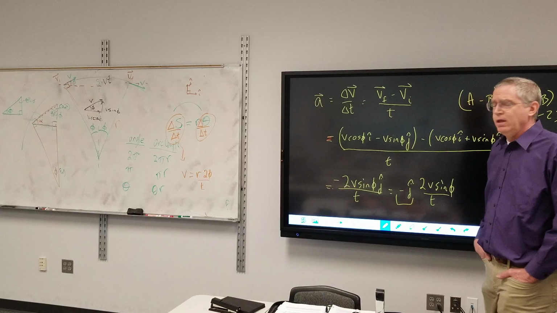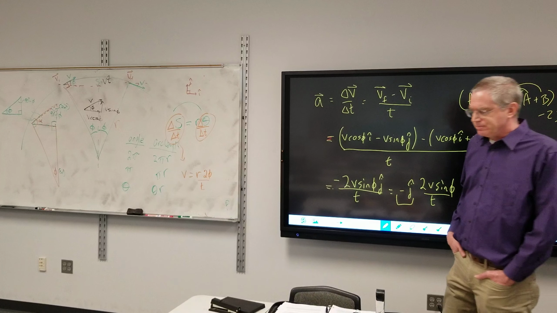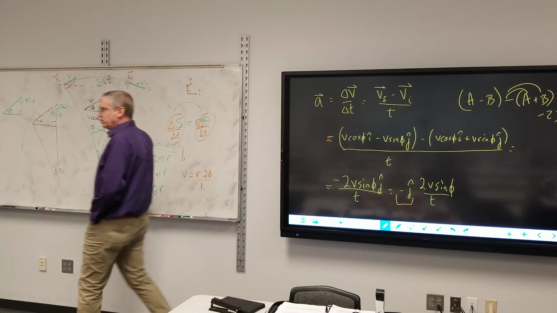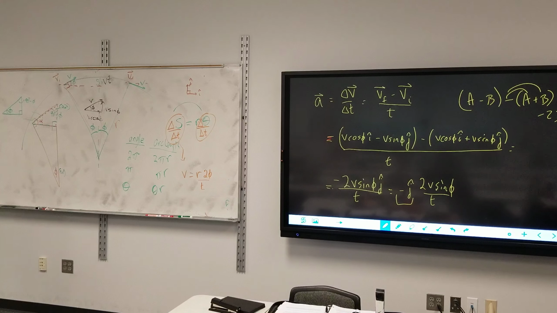All right. Now we have one more piece of the puzzle. If you have your calculator, I would recommend that you pull it out and put it into radian mode.